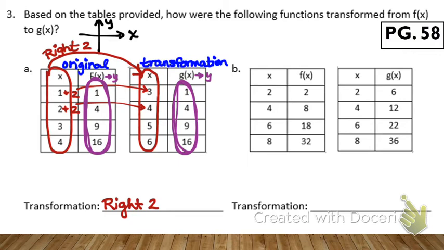They're exactly the same. So did this move up or down at all? No. There's no change here. So if I wanted to know my k value, k would be 0. If I go right 2, then h is 2.